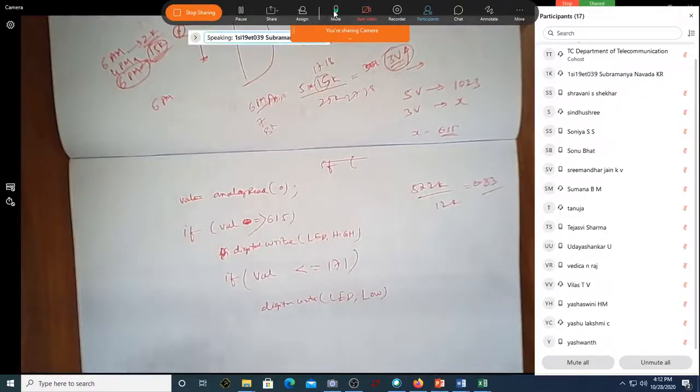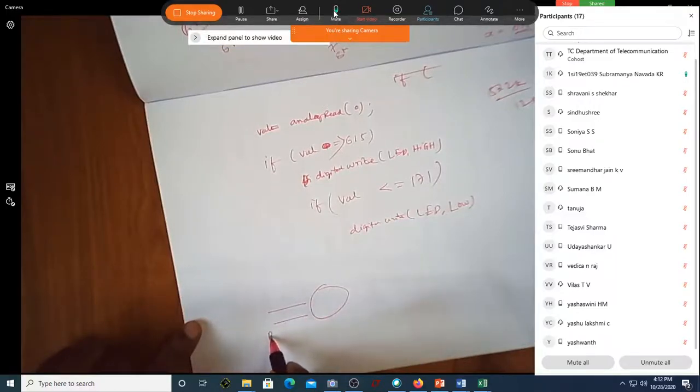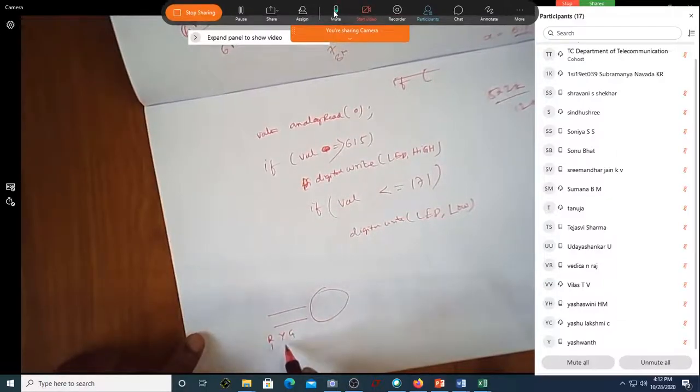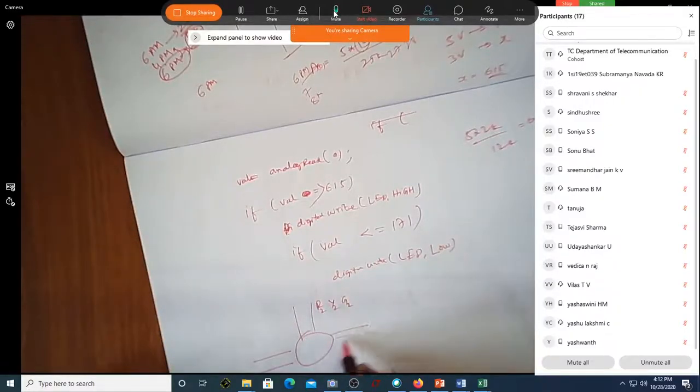So we have a circle. You can take this as R1, red, yellow, green. You have one more, R2, Y2, G2. This is R3, Y3, G3. You have the fourth one, R4, Y4, G4.